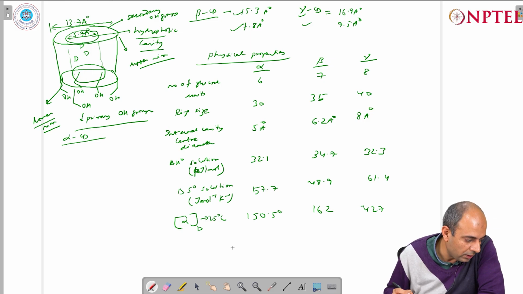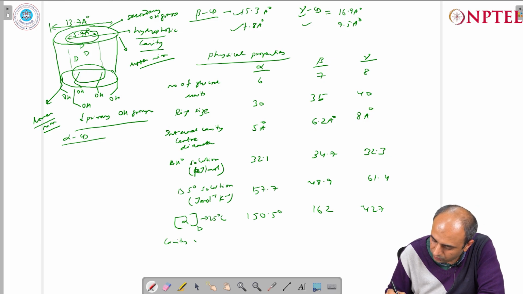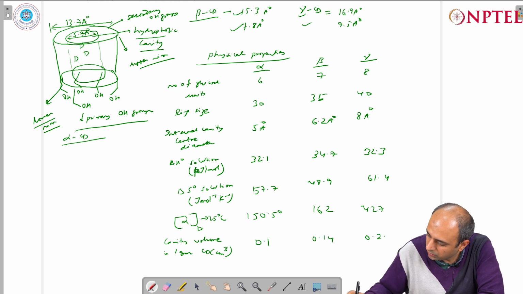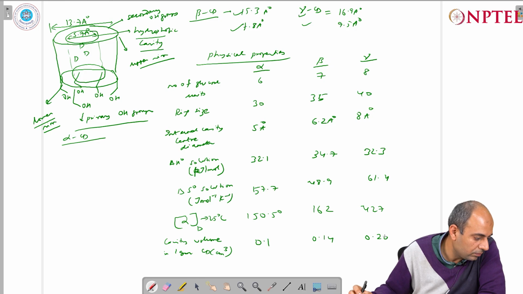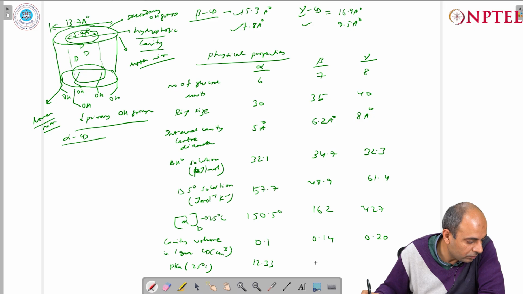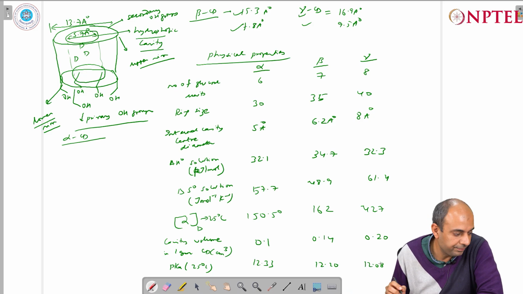And what is the cavity volume? What is the cavity volume in 1 gram of CD in centimeter cube? 0.1, 0.14 and 0.20, and the pK value at 25 degree centigrade is 12.33, 12.20 and 12.08.